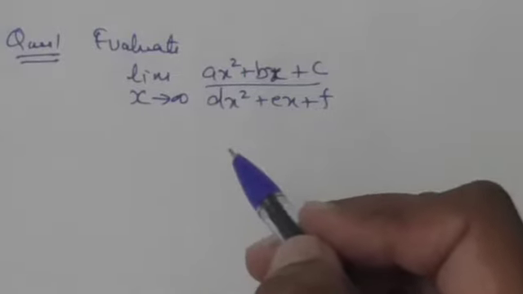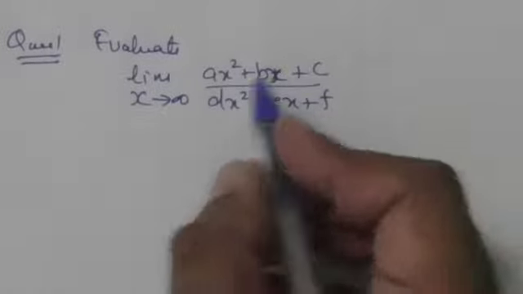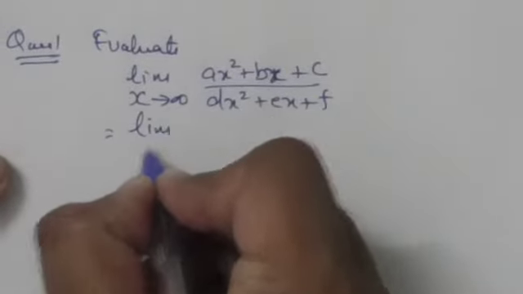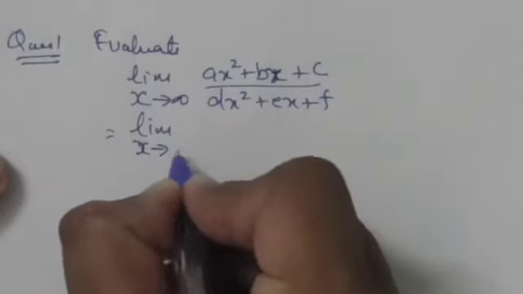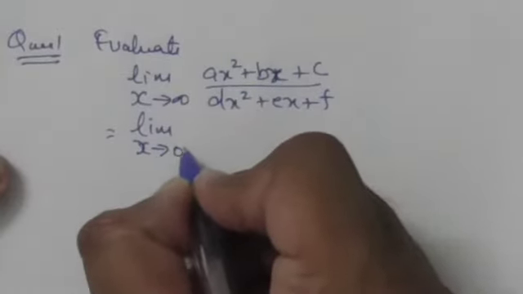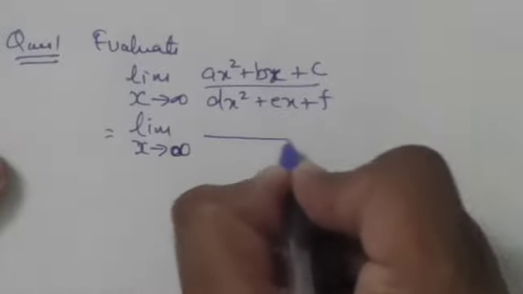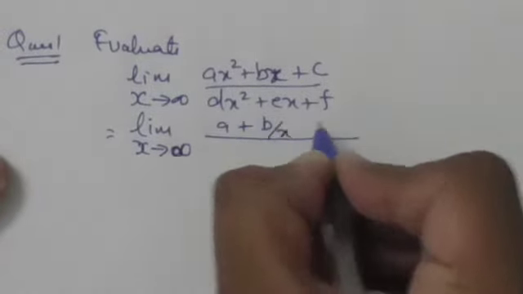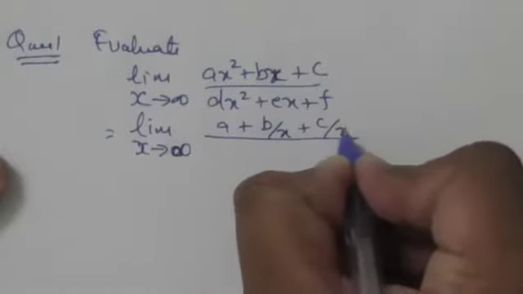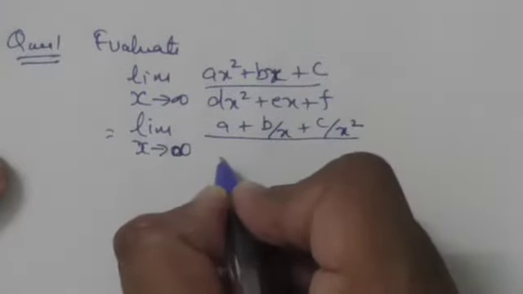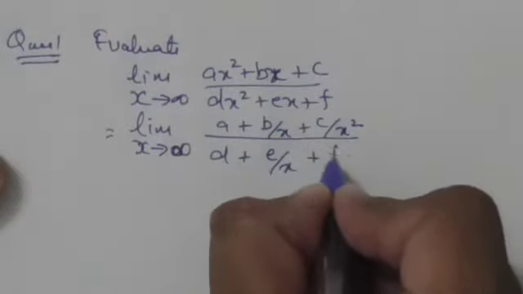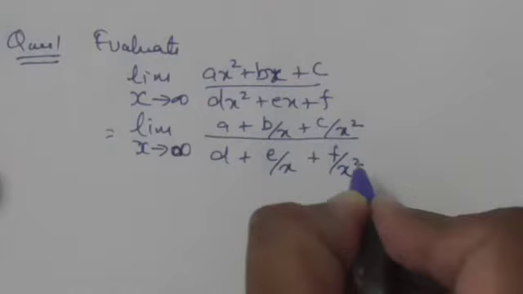So these types of questions will be solved like this. We will divide both numerator and denominator by x square. So we will get limit x tends to infinity a plus b upon x plus c upon x square, upon d plus e upon x plus f upon x square.